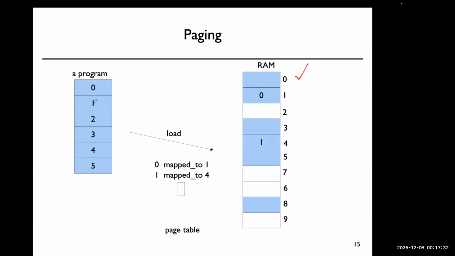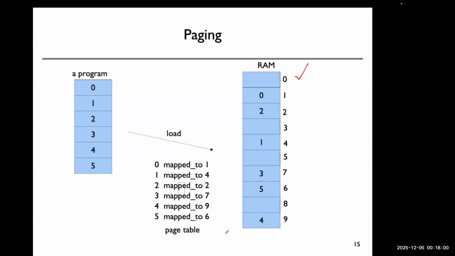Then we load the next page into the next available frame, which is 4, so we update our mapping: page 1 is mapped to frame 4. Then page 2 is mapped to frame 2, page 3 is mapped to frame 7, page 4 is mapped to frame 9, and page 5 is mapped to frame 6.